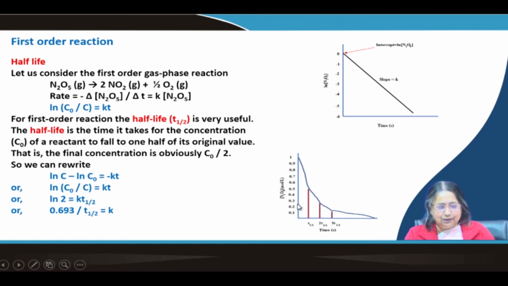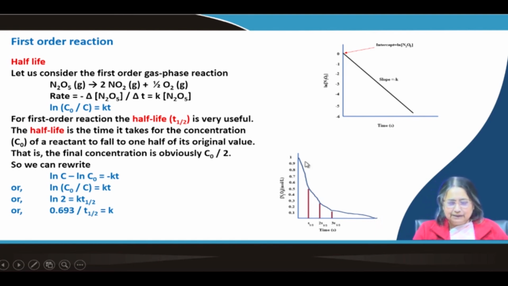Similarly, when you start with 0.25, half of this is 0.125, and again the time taken is T half. So, if you consider from the start, it is 3 T half. Like this it will continue.